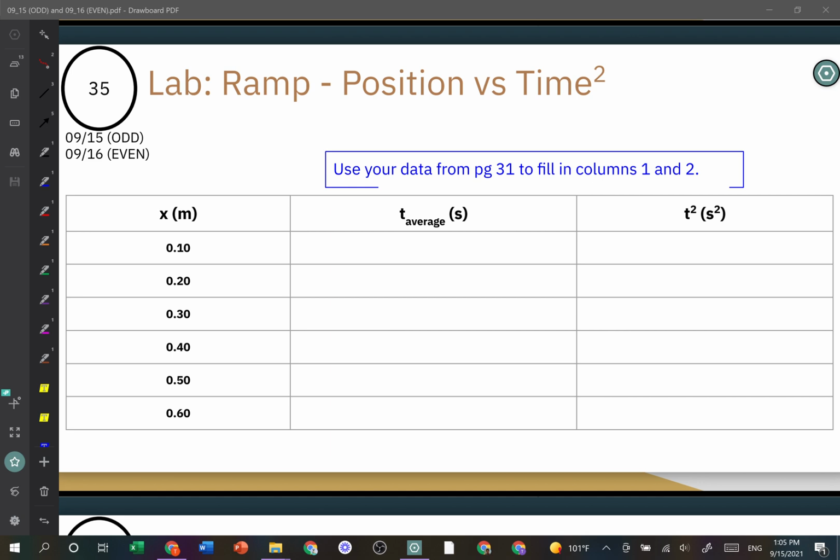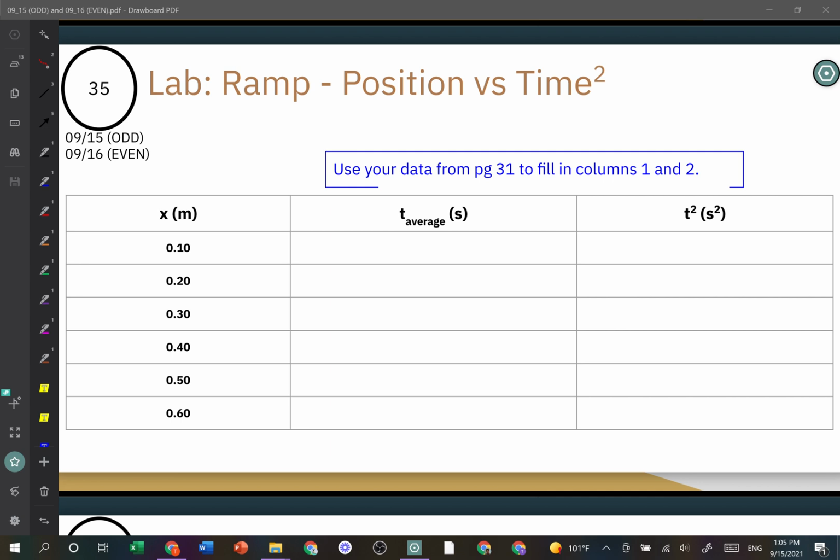Our positions are going to be 0.10 meters, 0.20 meters, 0.30 meters, 0.40 meters, 0.50 meters, and 0.60 meters. The second column is going to be our average time, which we will measure in seconds. We calculated the average time on page 31 from the last page in our data table on page 31.